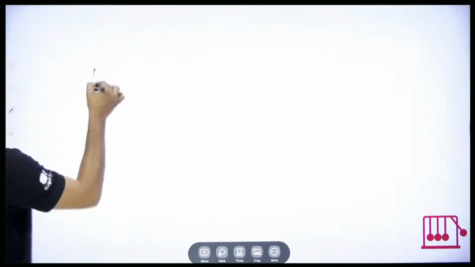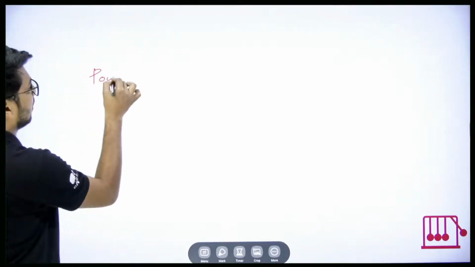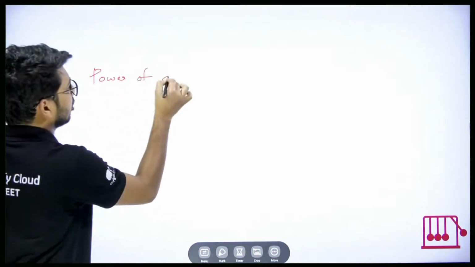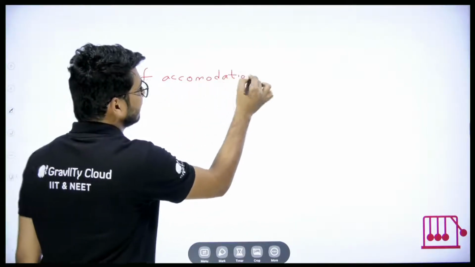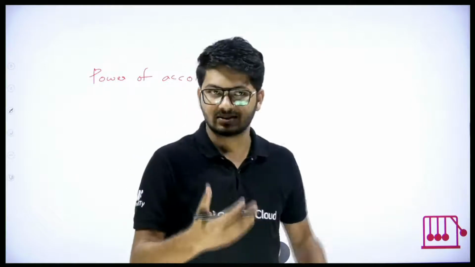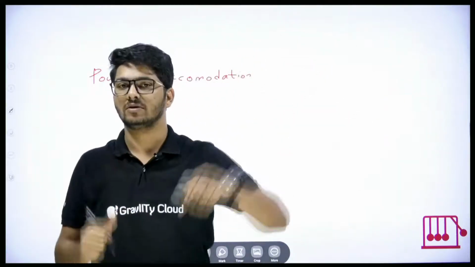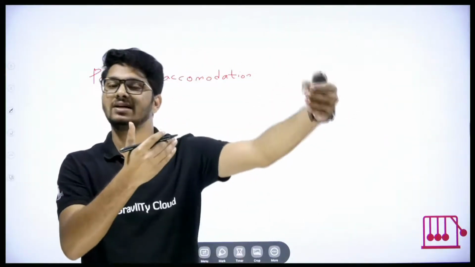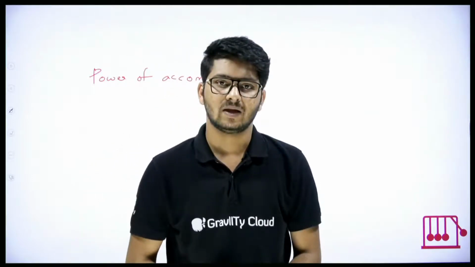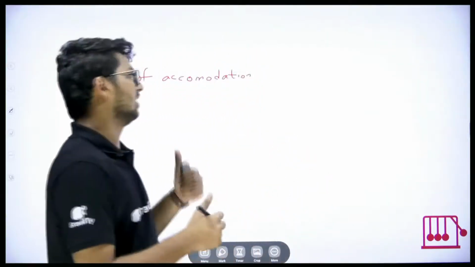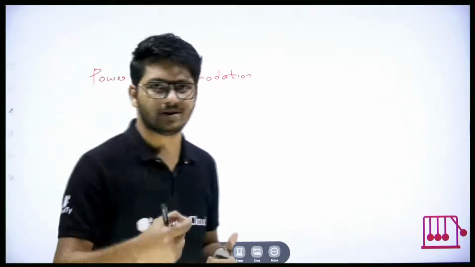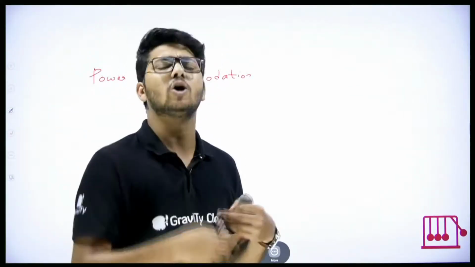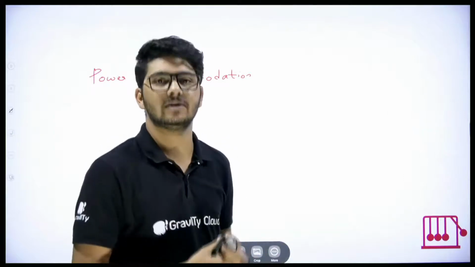Now we have already learned about power of accommodation, and because of this power, we can easily focus on near as well as far objects. This power of accommodation is enabled by the ciliary muscles as well as our eye lens because of their flexibility.